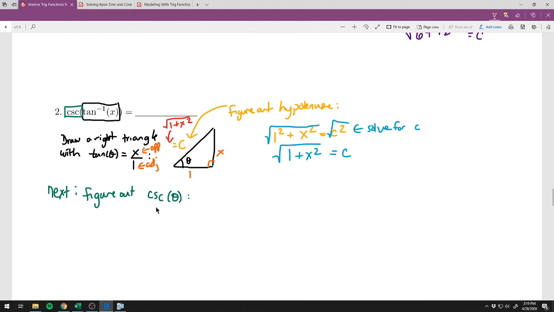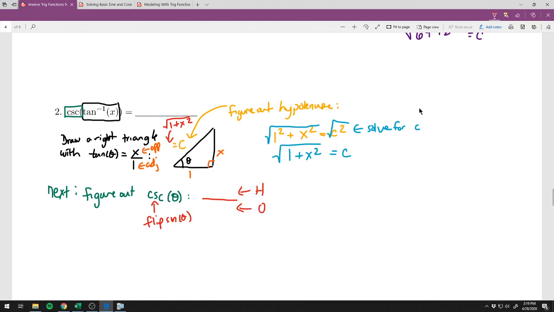Now cosecant of theta is flipping sine. Since sine is opposite over hypotenuse, when we flip that, we get hypotenuse over opposite. Okay, so that's how you want to really interact with all this stuff. We flip sine of theta, sine is opposite over hypotenuse.